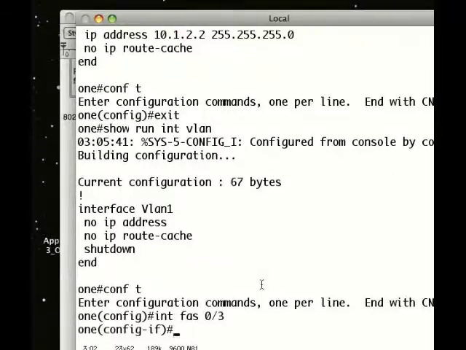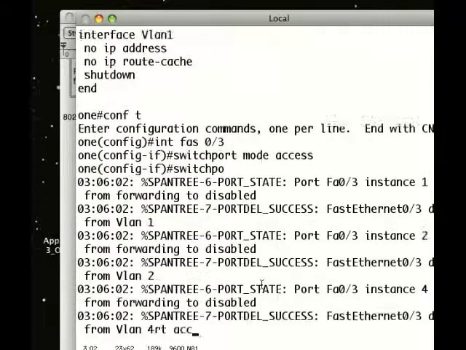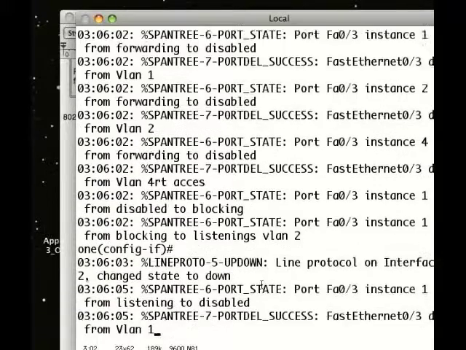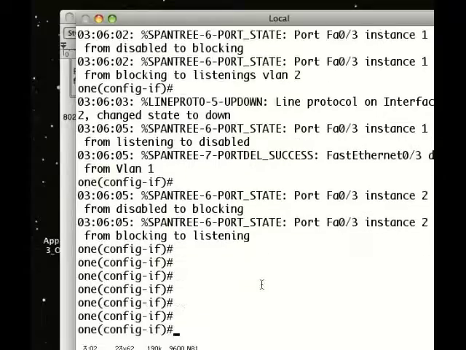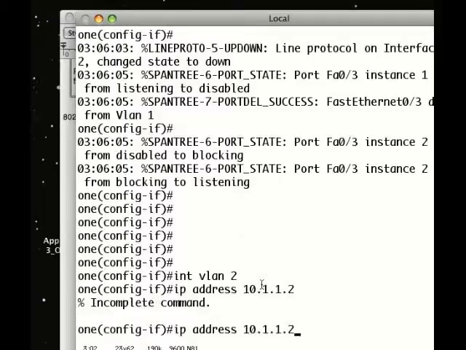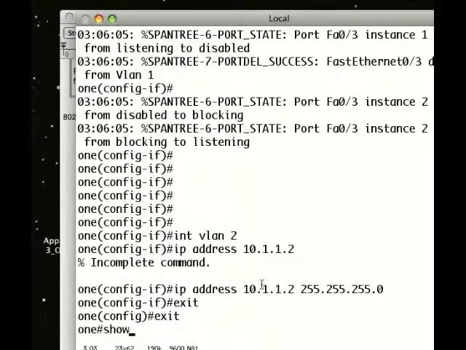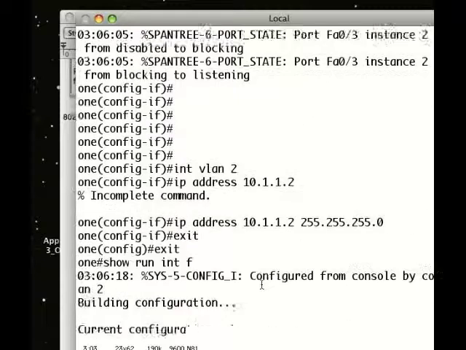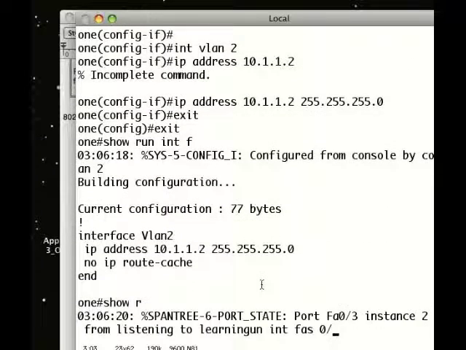Let's go back to our experiment. Switchport mode access. Switchport access VLAN 2, and then int VLAN 2, IP address 10.1.1.2 255.255.255.0. Show run int VLAN 2. Show run int fast 0/3.